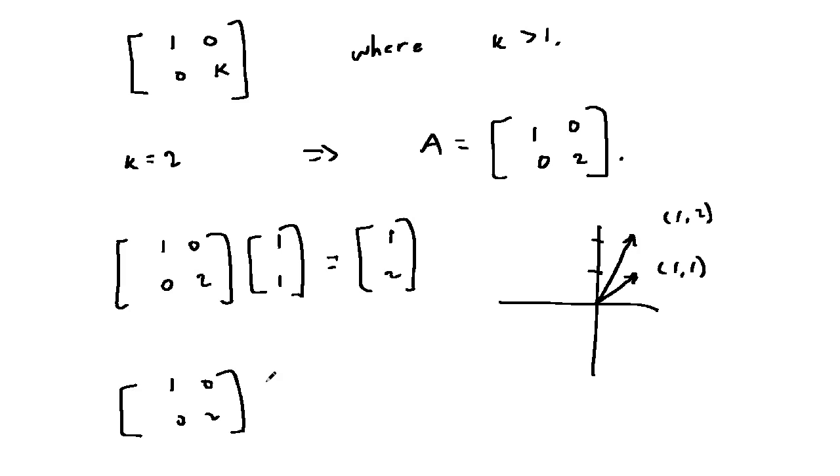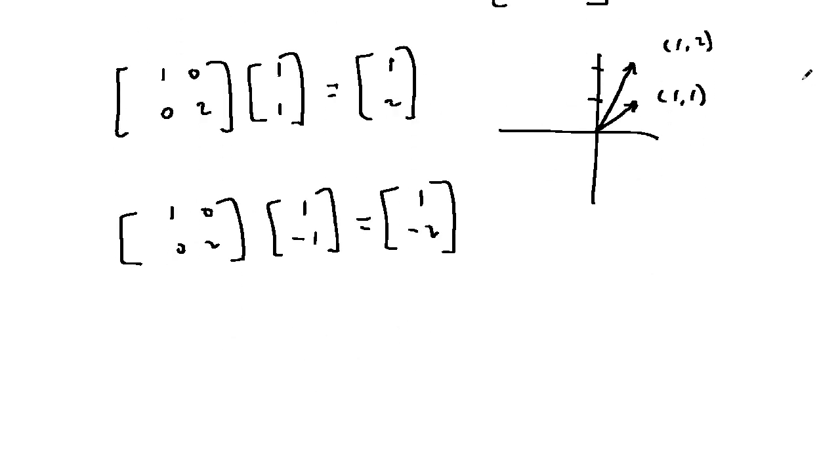If we apply A to 1, minus 1, we get this. So the vector 1, minus 1 gets sent here, to 1, minus 2.